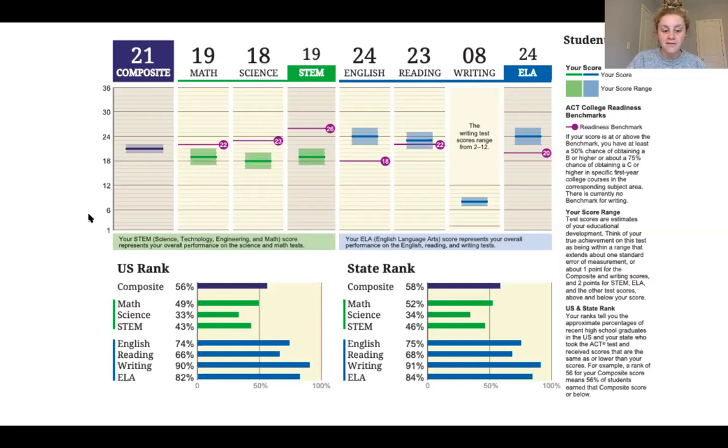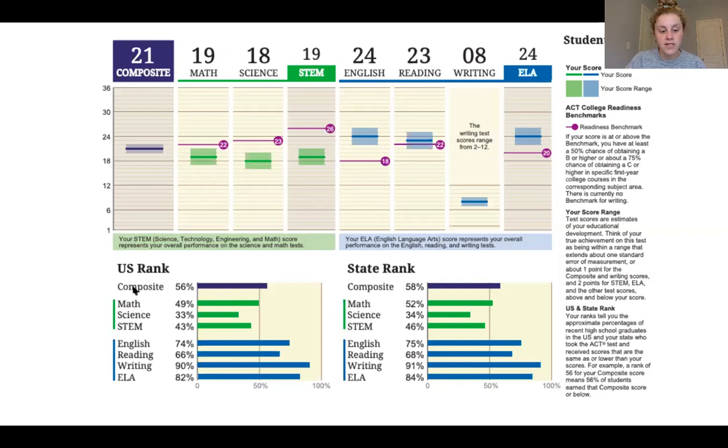Below this graph, we see 2 more, one that's titled US rank and one that's titled state rank. That US rank is comparing this student's ACT score report to other students that took it across the United States, and then the other graph across the state of Kansas.